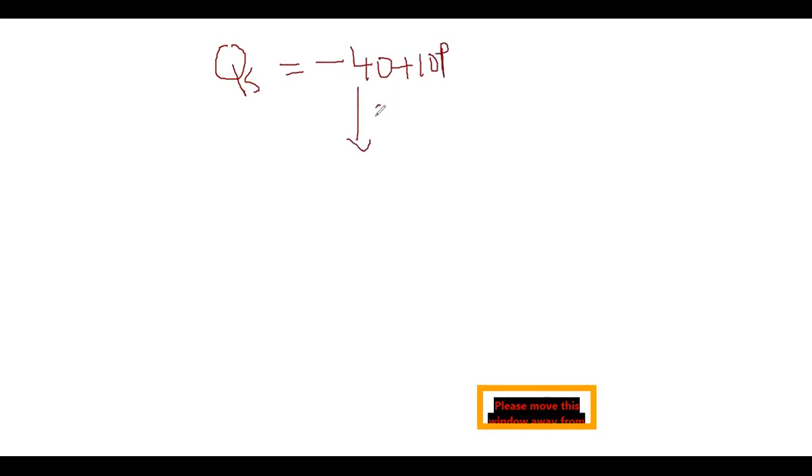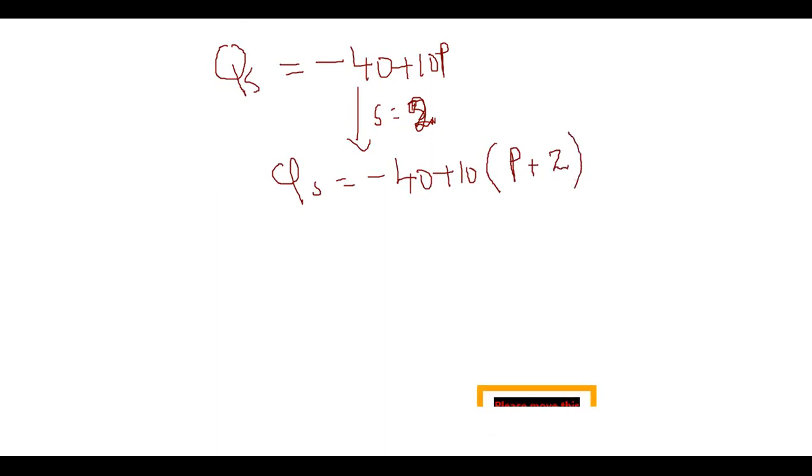For the unit subsidy of 2 rupees, you have to adjust it. So QS = -40 + 10(P + 2). This is a very important adjustment: whenever there is a producer subsidy, the unit subsidy must be added to the price in the equation method.